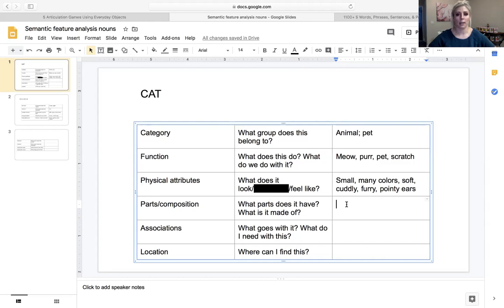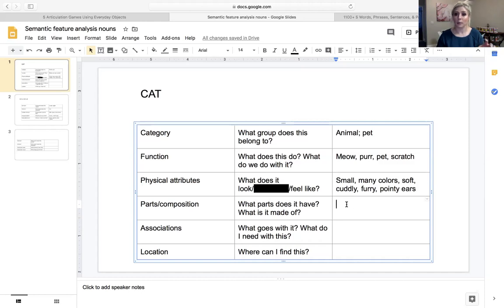And that gives me a chance to be like, okay, so cats have feet, but when we talk about cats' feet, they're not really called feet because they don't have feet like us. That would be really weird. So do you know what a cat's foot is called? It starts with a P. If they don't get it, then we can start talking about it's their paw. So what else has paws? Dogs have paws, and so on and so forth.